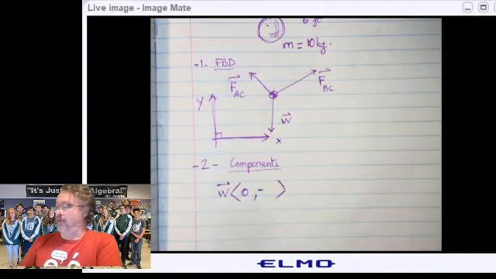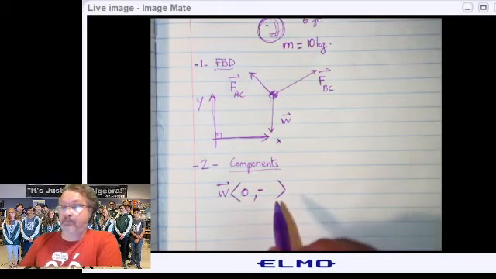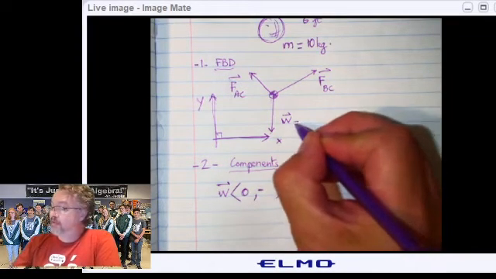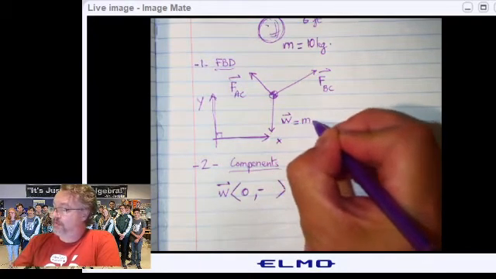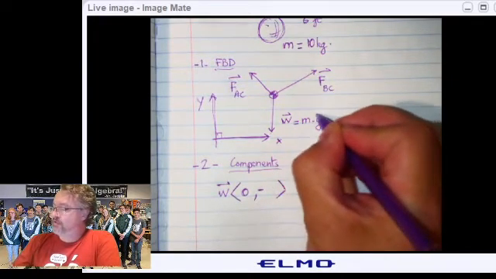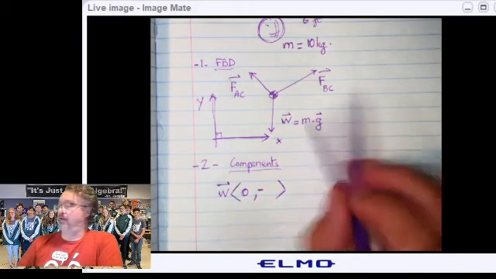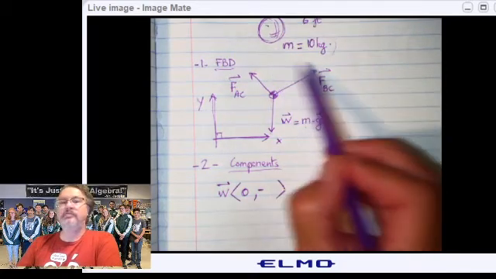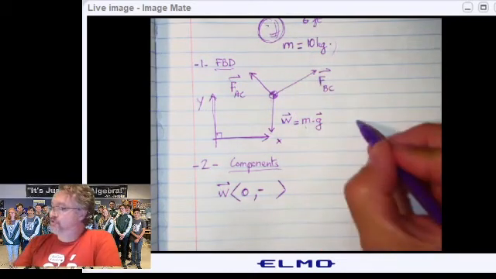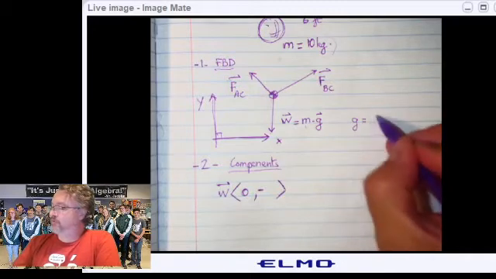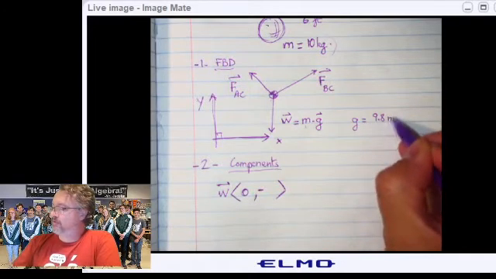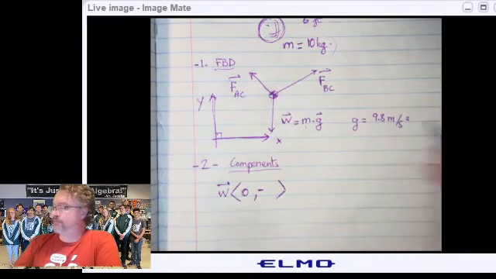Okay. Now, W, the weight, is always going to be equal to the mass times the acceleration. So if you have a mass that is provided in kilograms, which is the case in this problem, then g will have a magnitude equal to 9.8 meters per second squared.